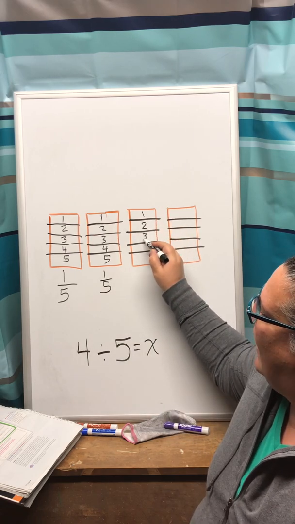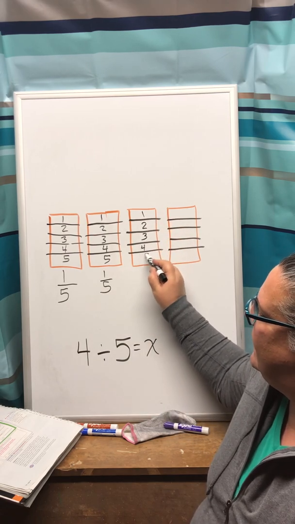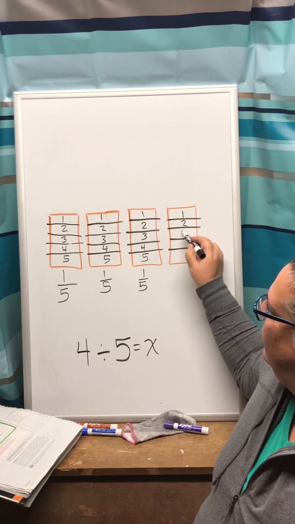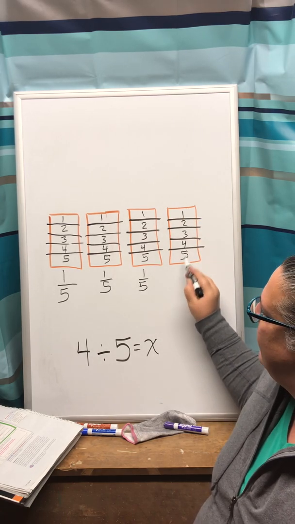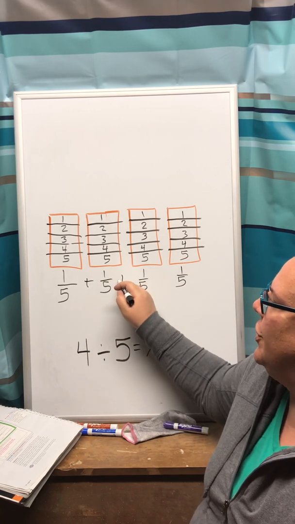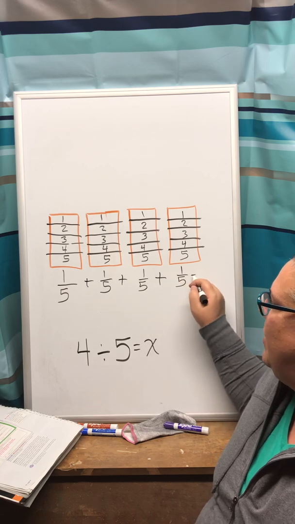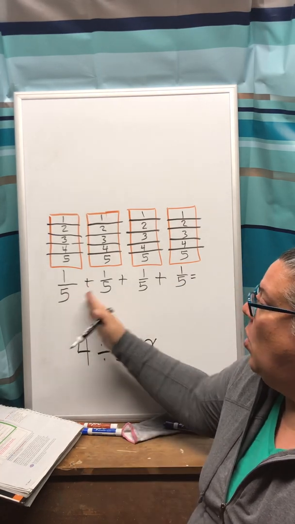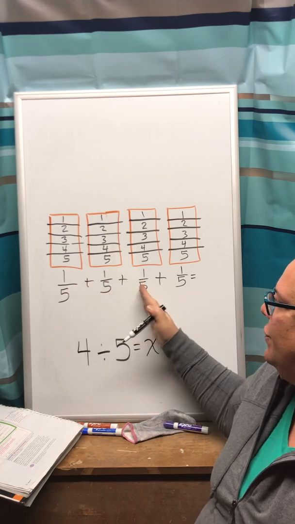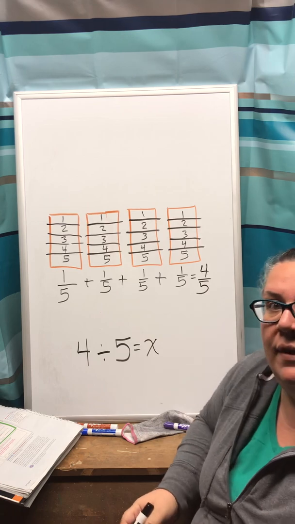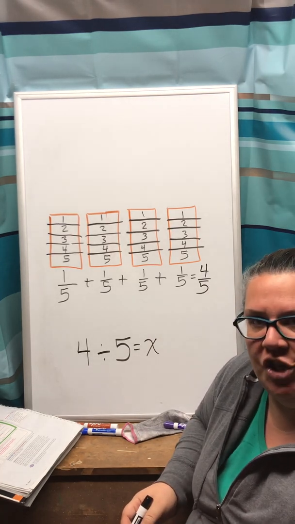And I keep doing that for the other 2 slices. Again, friend 1 gets 1/5. So if I think about it in terms of an addition problem, and I'm still focusing on friend 1, friend 1 is getting 1/5, 2/5, 3/5, 4/5 of the entire 4 slices of cheese.